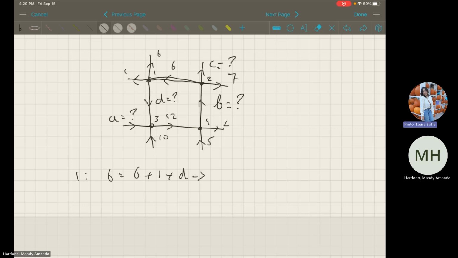Isn't 1 leaving because the arrow goes away from the node? Yes. So 6 is going up north, 1 is going west. So how much is going south? D is going south.